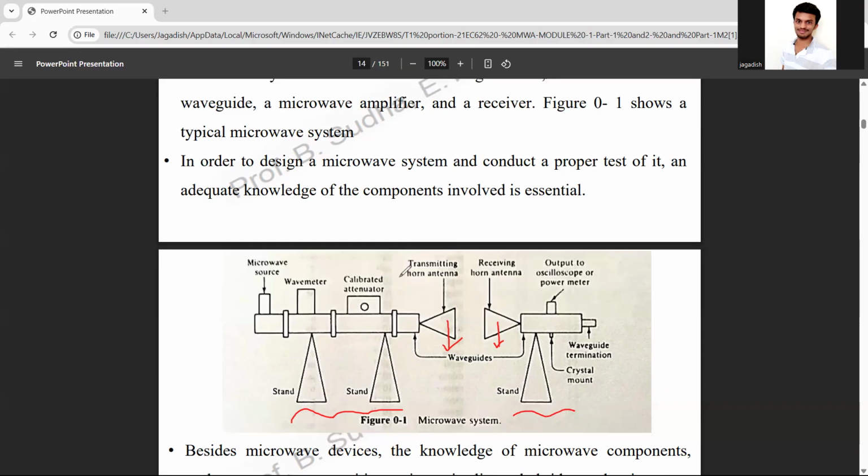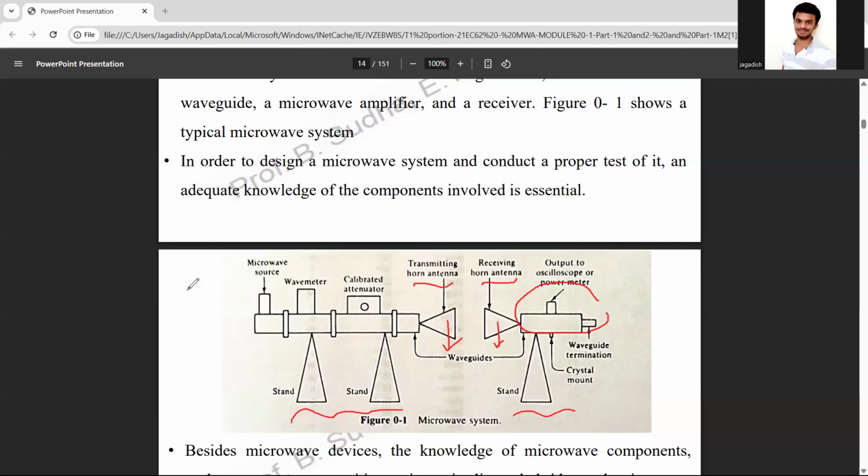That question is also important from the 5th module. Then the transmitting horn antenna and a receiving horn antenna. I told you it also includes an oscillator. This is the oscillator, and this is the waveguide and waveguide termination.